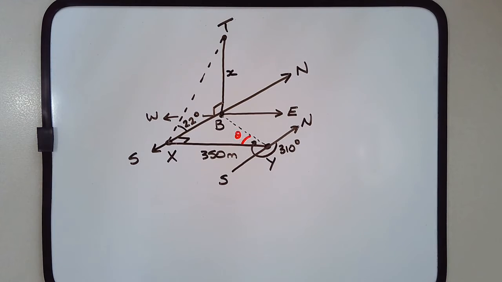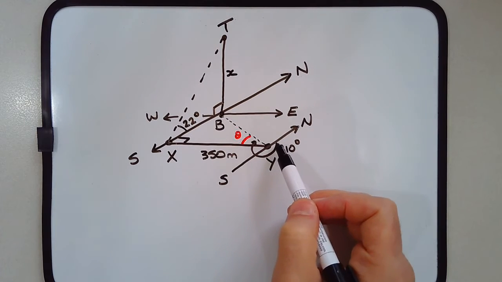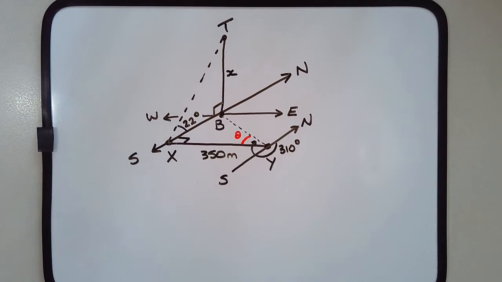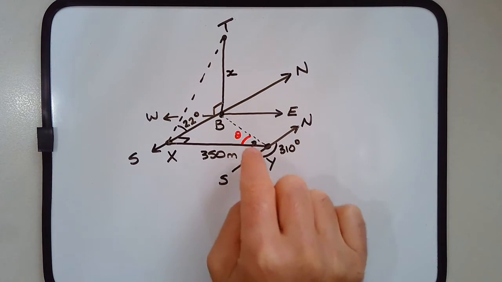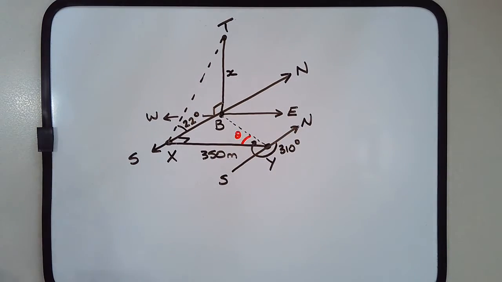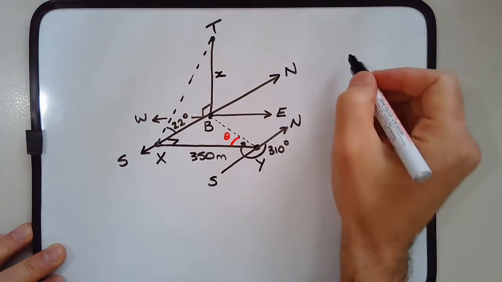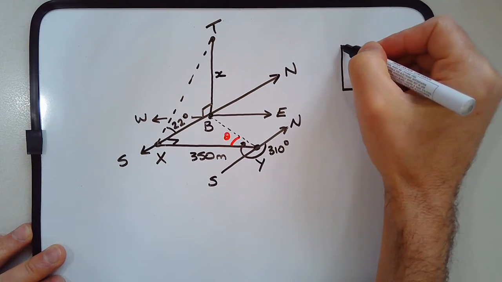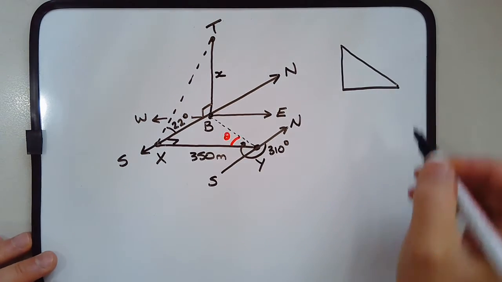In fact, we can. We can use our bearing to help us calculate the angle theta that's inside the triangle. So we're going to convert the bearing into an angle inside triangle BXY. So I'm going to draw triangle BXY here.